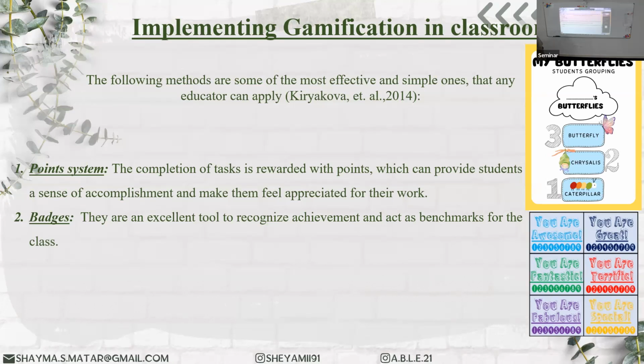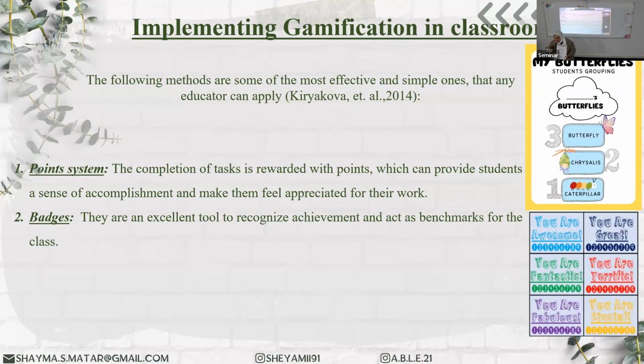After that, once you reach a higher level, you get to the 2nd level, which is the chrysalis level. You are now a cocoon. After that is done, which is almost at the end of the year or the end of the semester, I give them the butterfly badge.